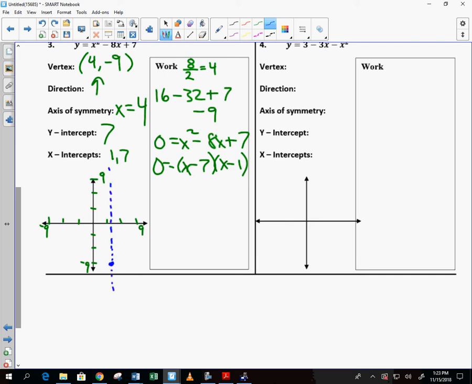Draw my axis of symmetry. I'm going to plot my x-intercepts at 1 and 7. Y-intercept of positive 7. Draw my graph.